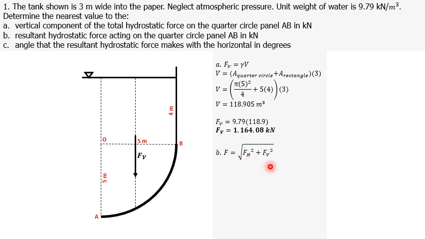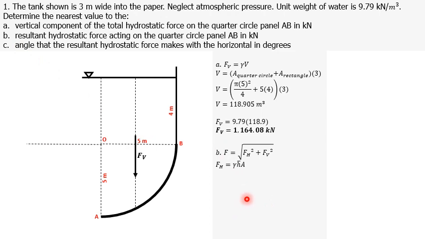So we first solve for Fh, which is the horizontal component, which is calculated by the formula Fh is equal to gamma h bar area, just like the total hydrostatic force on plane surfaces. So we need our h bar.